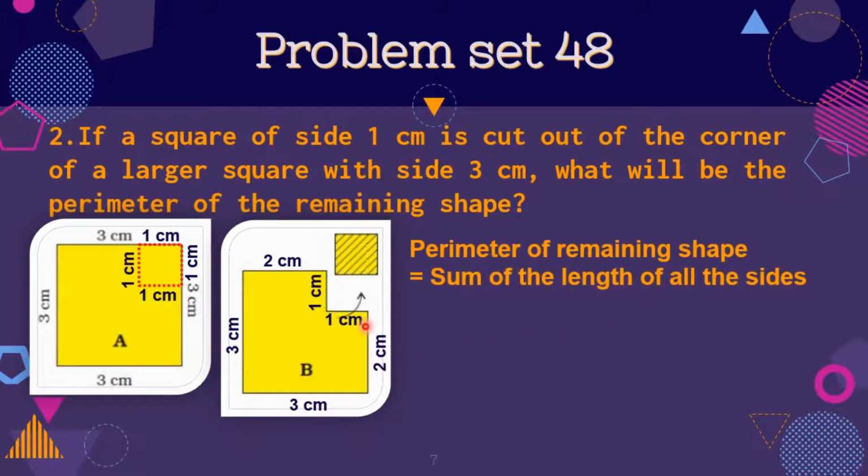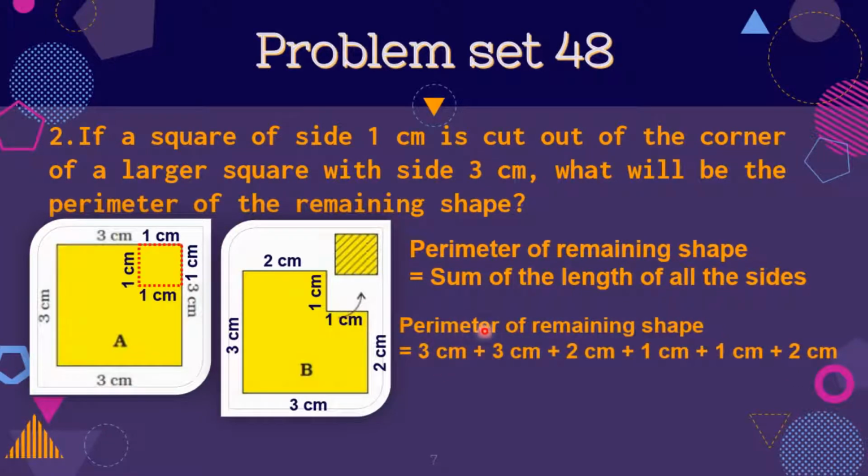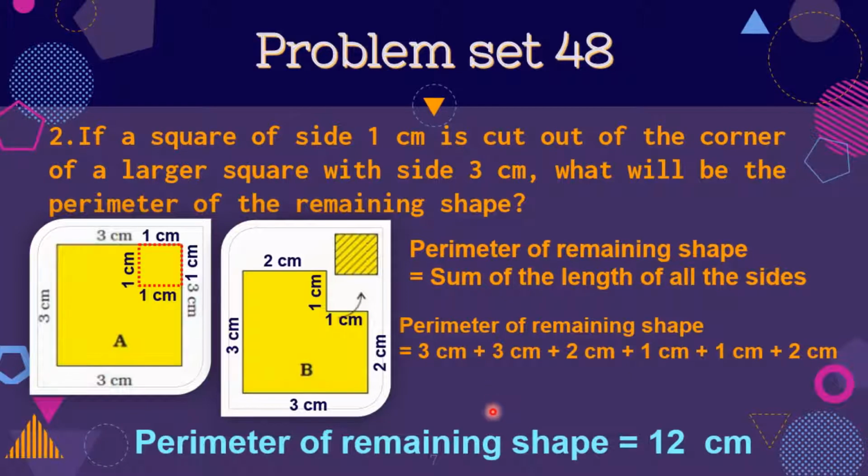So let us add the length of all the sides of this figure to get its perimeter. So we write perimeter of remaining shape is equal to 3 centimeter plus 3 centimeter plus 2 centimeter plus 1 centimeter plus 1 centimeter plus 2 centimeter. Hence we get the perimeter of remaining shape is equal to 12 centimeter.